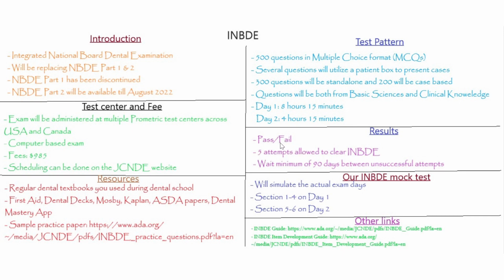So if you pass, you won't see any score. However, if you fail, you will be able to see the percentile that you've scored. Above 75 percentile is pass and below 75 percentile is fail. 5 attempts are allowed in total to clear the INBDE, and you have to wait a minimum of 90 days between 2 unsuccessful attempts.